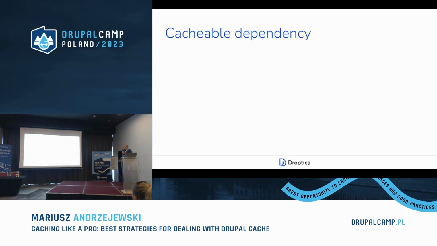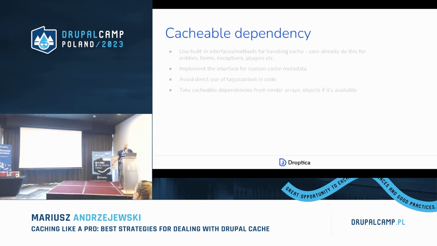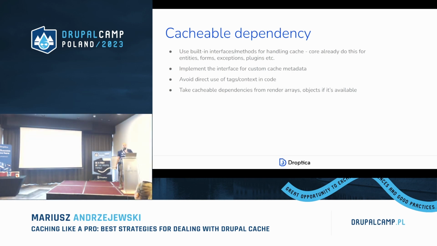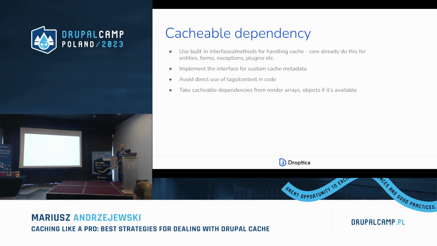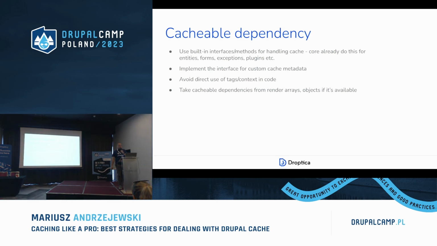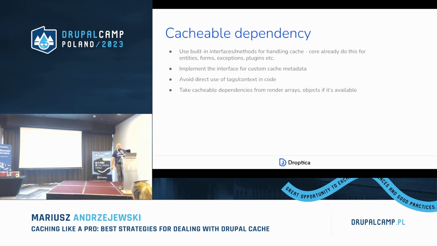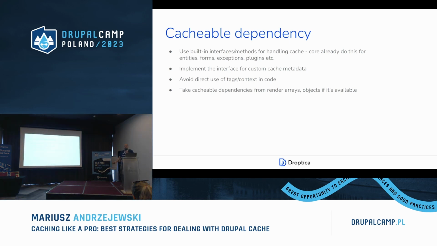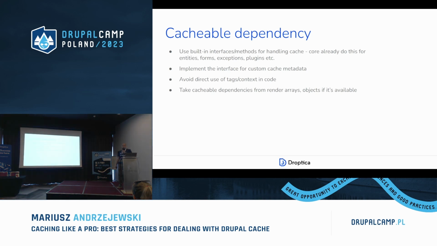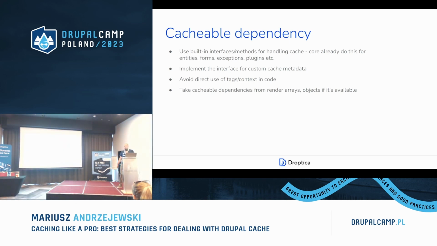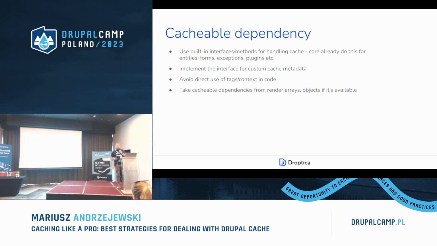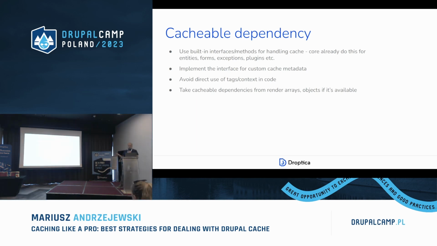The Cache API is basically a set of tools, a set of built-in classes and interfaces that we can use to easily handle cache in Drupal. Drupal core already takes advantage of these classes. Whenever you look into Drupal core code, you will see that they're mainly using these interfaces, classes, and so on.